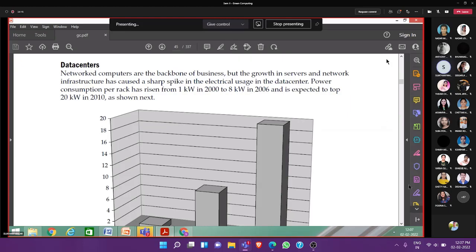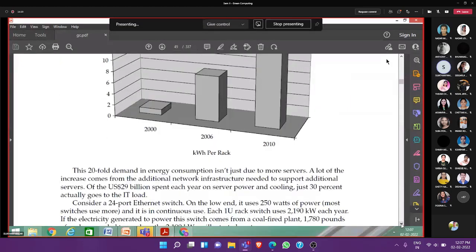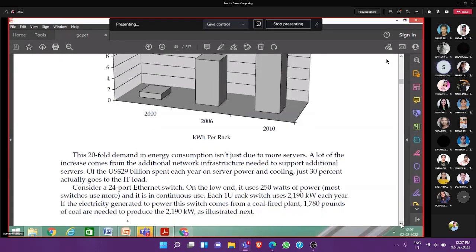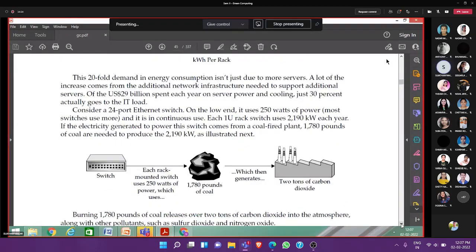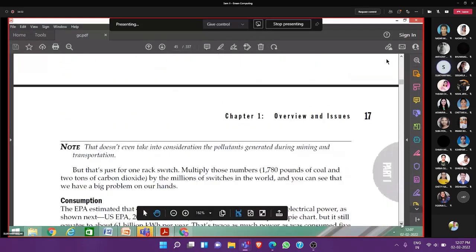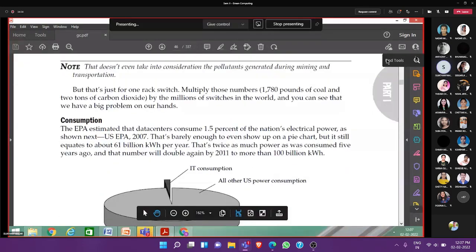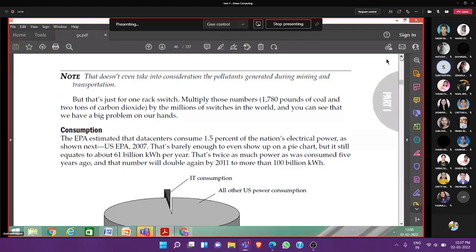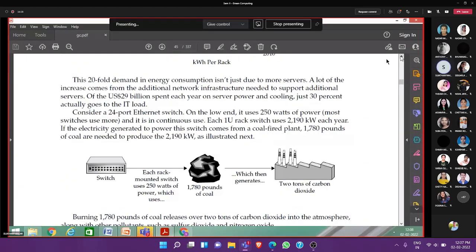So what does it mean? I will explain the meaning of rack. Have they given the diagram? So Google it, I will show you a server with rack.